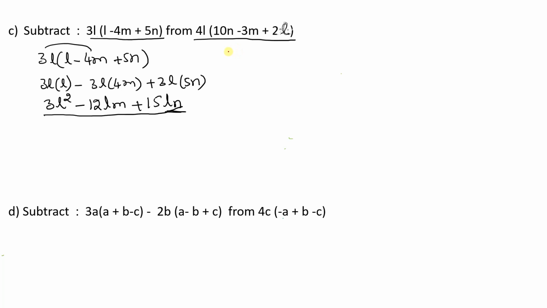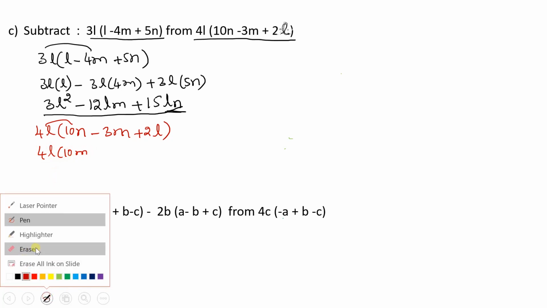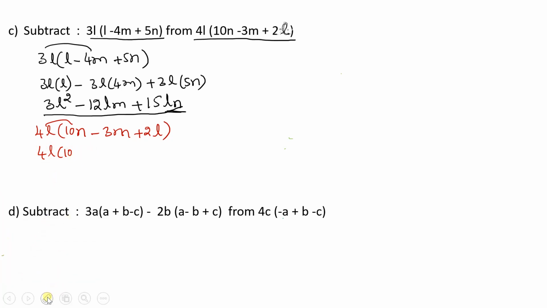Now let us simplify the second expression. I'll write here 4l into 10n minus 3m plus 2l. This is the sum. So I have to multiply 4l into 10n, 10n minus 4l into 3m plus 4l into 2l.